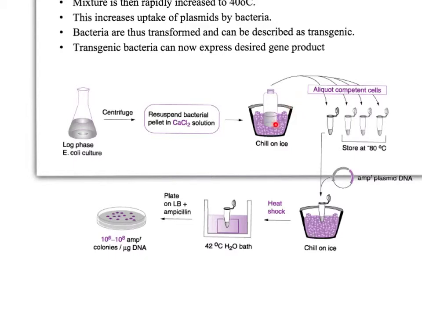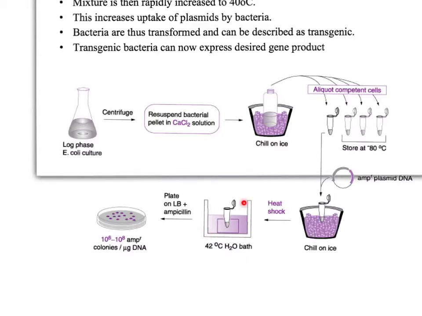We put them on ice and they get right down to 0 degrees centigrade. Then we take our cooled bacteria and our plasmids, and we heat them up very rapidly up to 40, well here it says 42 degrees centigrade, 40 degrees centigrade will do.